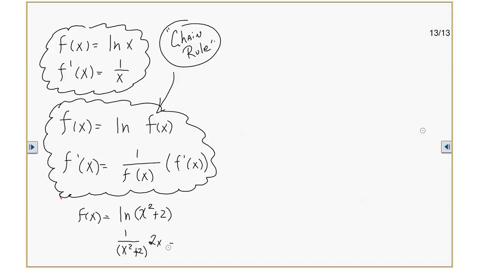And that's going to be 2x over x squared plus 2.